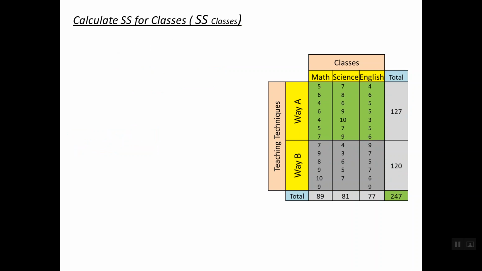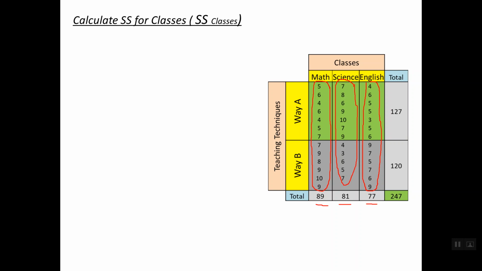For the classes, we need to calculate the total observations for the math, the total observations for the science, and finally the total observations for the English. It's already calculated. So we have 89, 81, and 77.